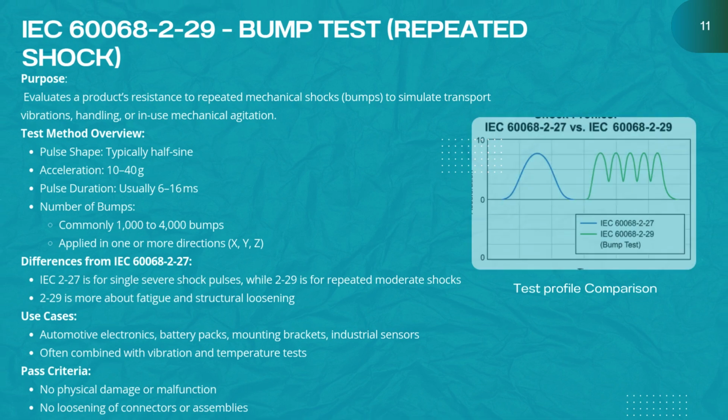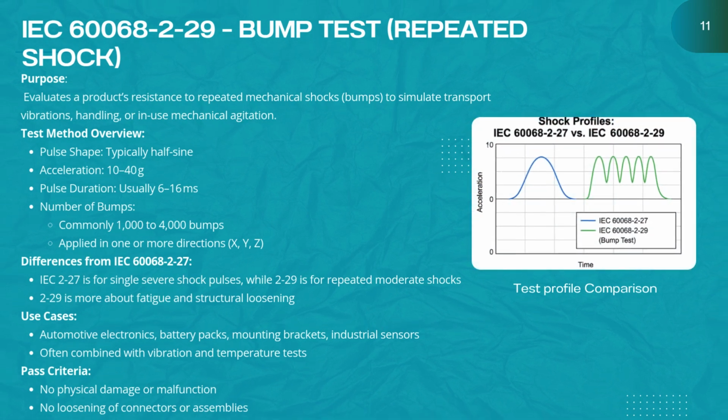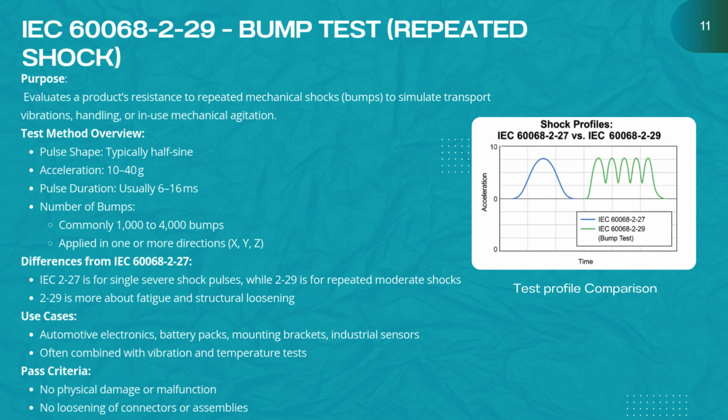IEC 60068-2-29. This test evaluates a product's ability to withstand repeated mechanical shocks, called bumps, mimicking vibrations or handling stresses during transport or use. It typically uses a half-sine shock pulse with acceleration levels ranging from 10 to 40 G and pulse durations between 6 to 16 milliseconds.